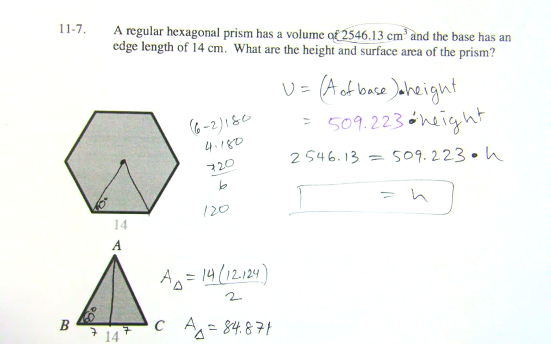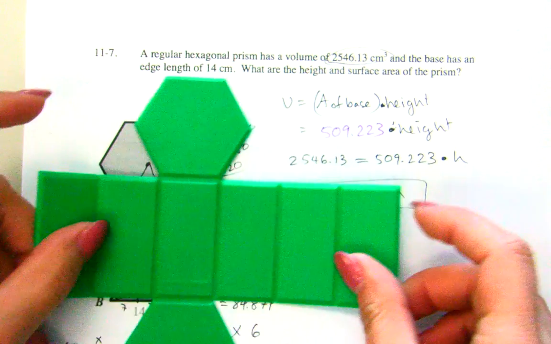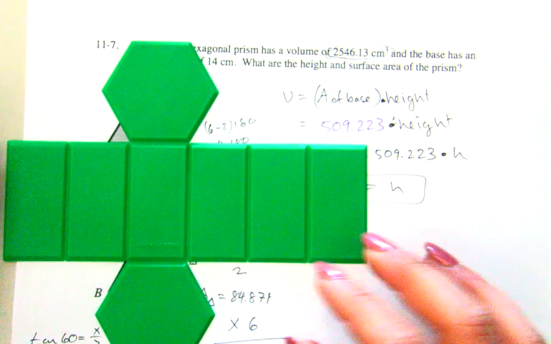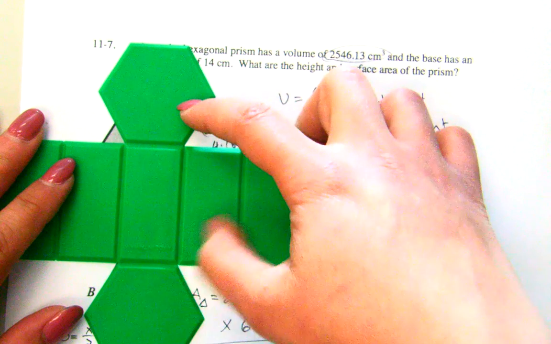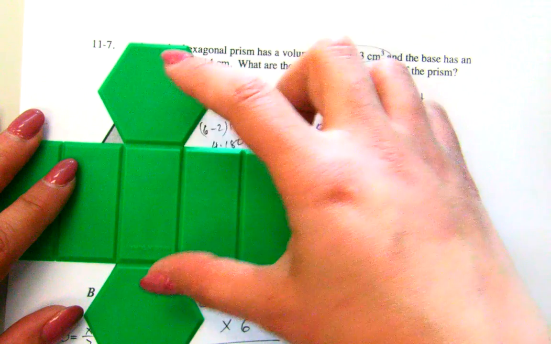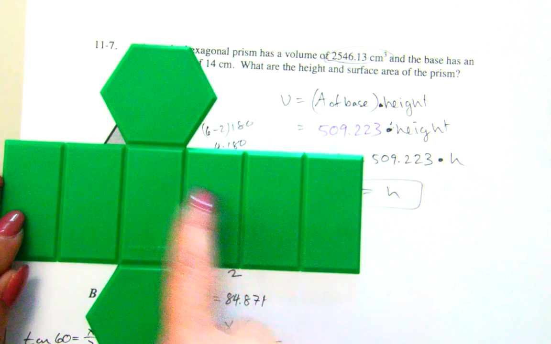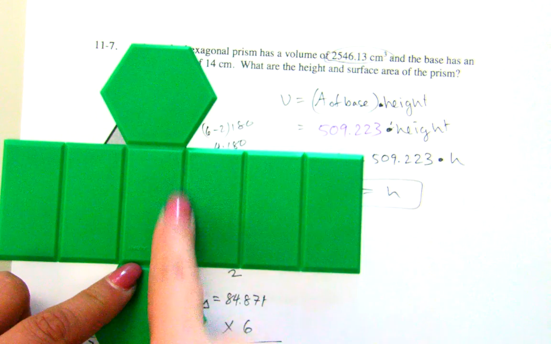The surface area is what you see on the outside if you break apart your prism. What you see are two hexagons. You know the area of one of them is 509.223, and the area of the other one is 509.223. Add those up. And then once you find the height, this rectangular piece is going to be 14 by whatever your height is.